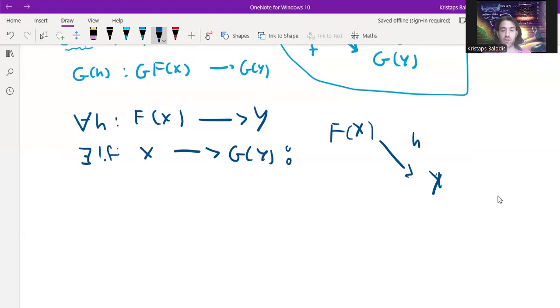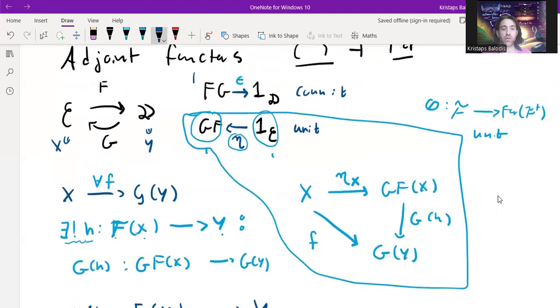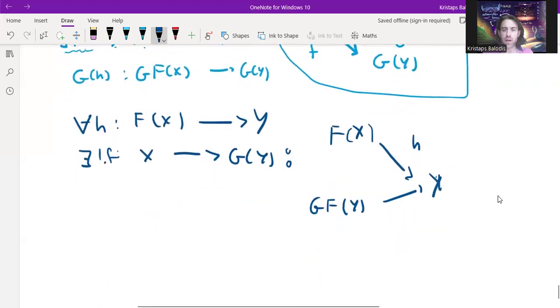and so that's our h. We have our GFY, and we have our, remember now, our co-unit of adjunction goes from F composed with G to the identity, right? And Y is an object here, so I can plug it into both of those functors. And because it's a natural transformation, I should get a map between those.